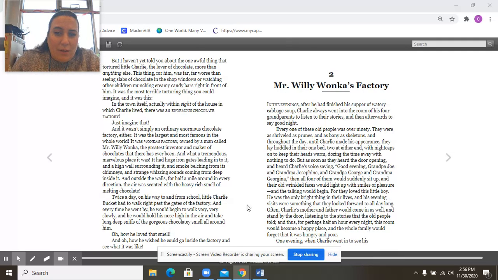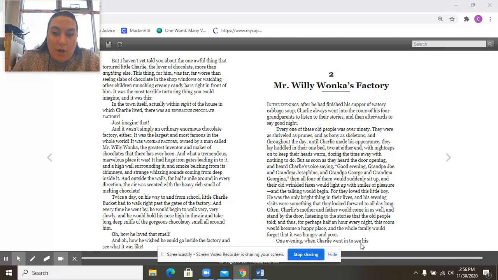For they loved this little boy. He was the only bright thing in their lives, and his evening visits were something they looked forward to all day long. Often Charlie's mother and father would come in as well and stand by the door, listening to the stories that the old people told. And thus, for perhaps half an hour every night, this room would become a happy place, and the whole family would forget that it was hungry and poor.